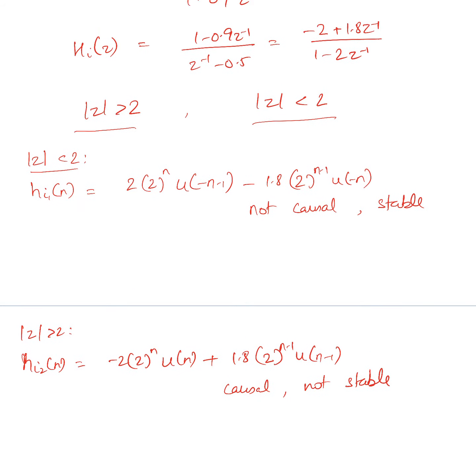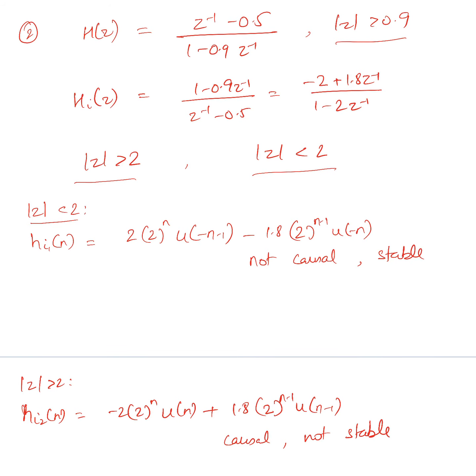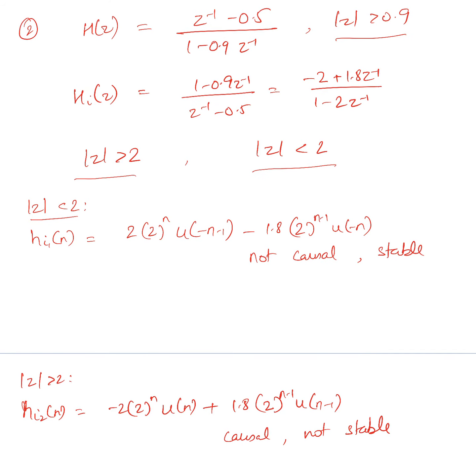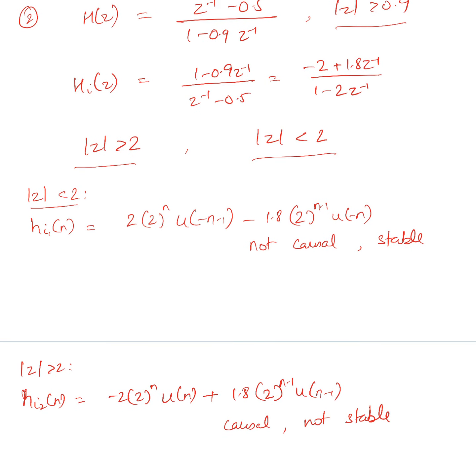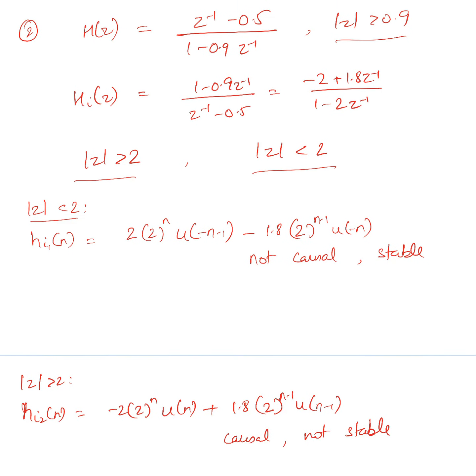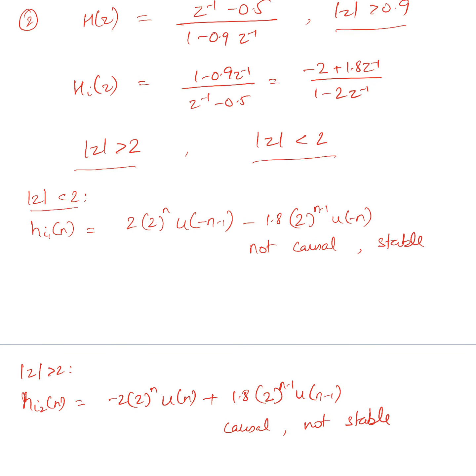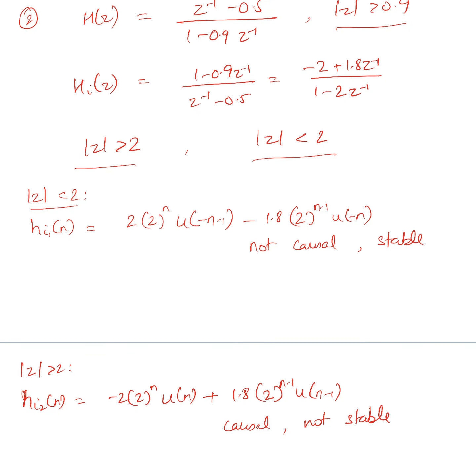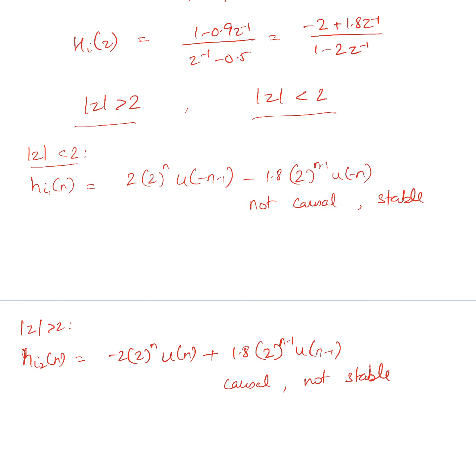This is what we had seen, because h of z does contain a zero located at 2. But in the inverse, of course, it becomes a pole. So for causality, the ROC should be greater than the outermost pole. So this is an if and only if condition.